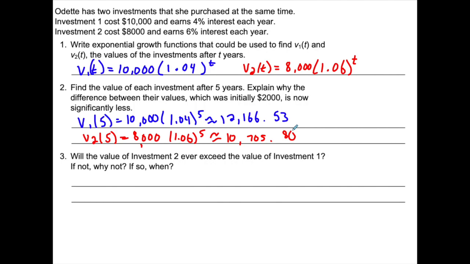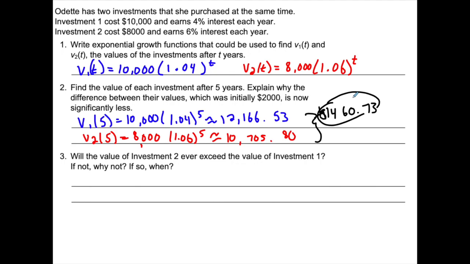So what I'm going to do is take these last two and take the difference of them. So now, interestingly, I wouldn't know if it's significantly less, but it's worth noting the difference, if I do 12,166.53, even if I do just the raw numbers, I get $1,460.73 based on how I've rounded it.